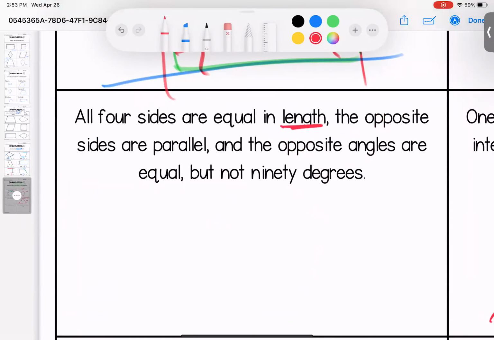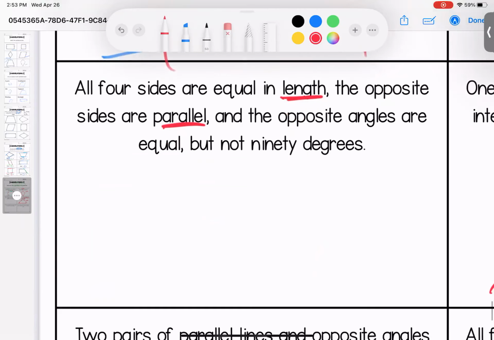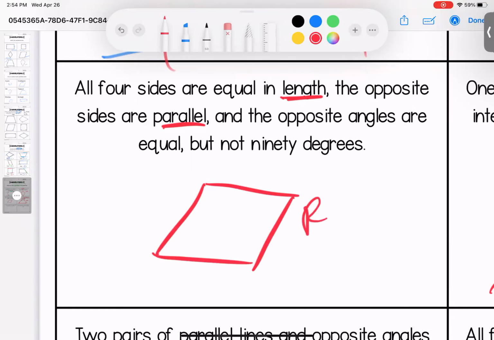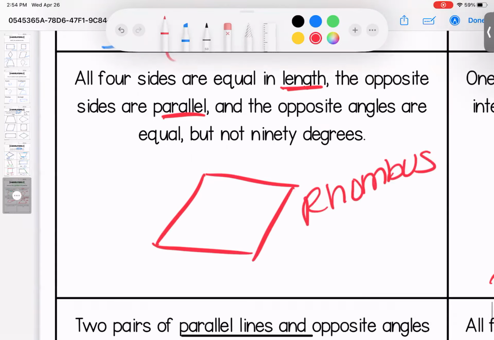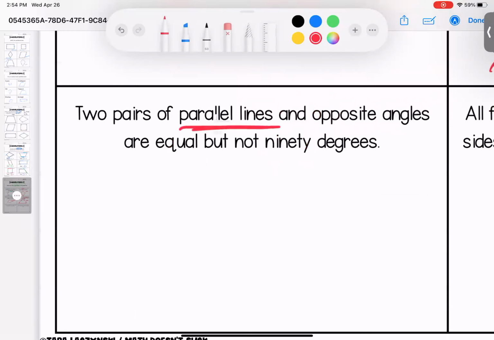All four sides are equal in length. Opposite sides are parallel. Opposite angles are equal, but not 90 degrees. So four equal sides, but not 90 degrees. This is going to be a rhombus. Two pairs of parallel sides, opposite angles are equal, but not 90 degrees.